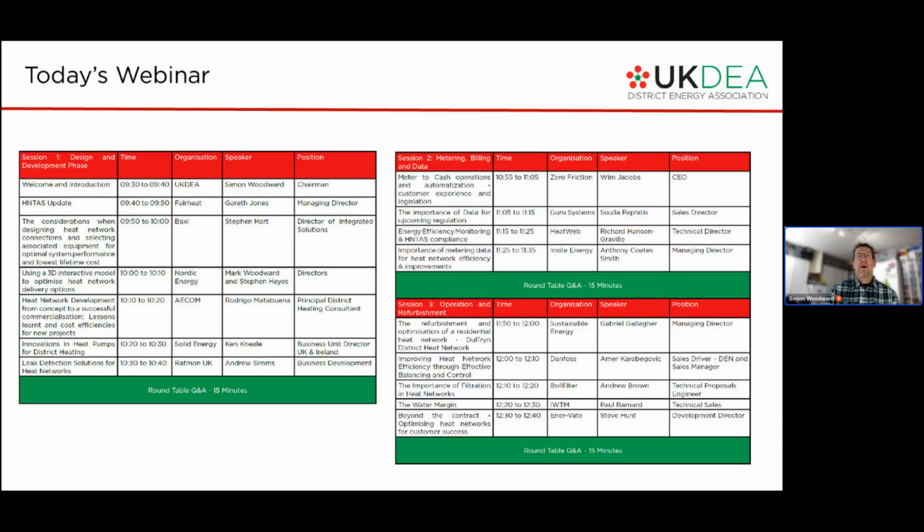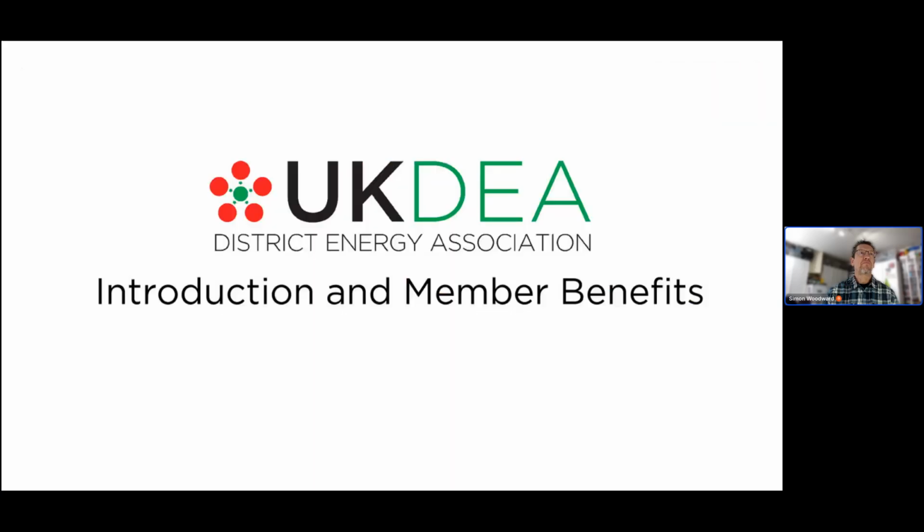And then session 3 is operation and refurbishment, so very much the operational phase. We've got a Q&A for 15 minutes at the end of each of the 3 sessions, and we'll invite the speakers in the sessions to come back and join us on the stage to answer questions about what they've presented.